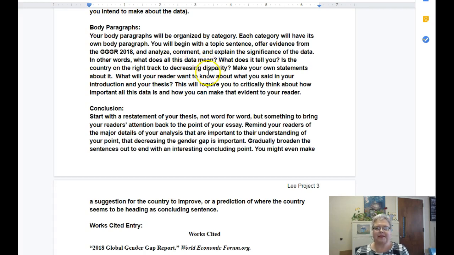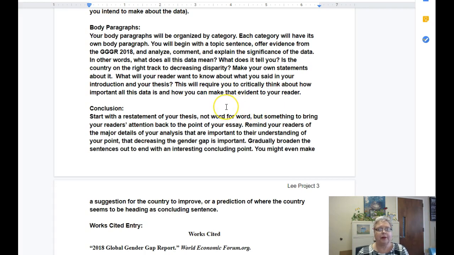So you see what I say, you're going to use these words. Make your own statements about it. What will your reader want to know about what you said in your introduction and your thesis? Keep it centered on what you've told them in the introduction. And of course, this will require you to critically think about how all this data, how important it is, and how you can make that evident to your reader.